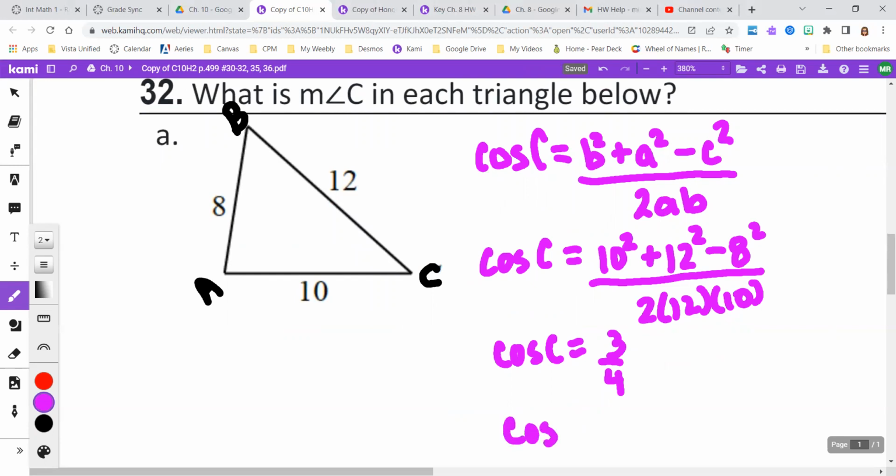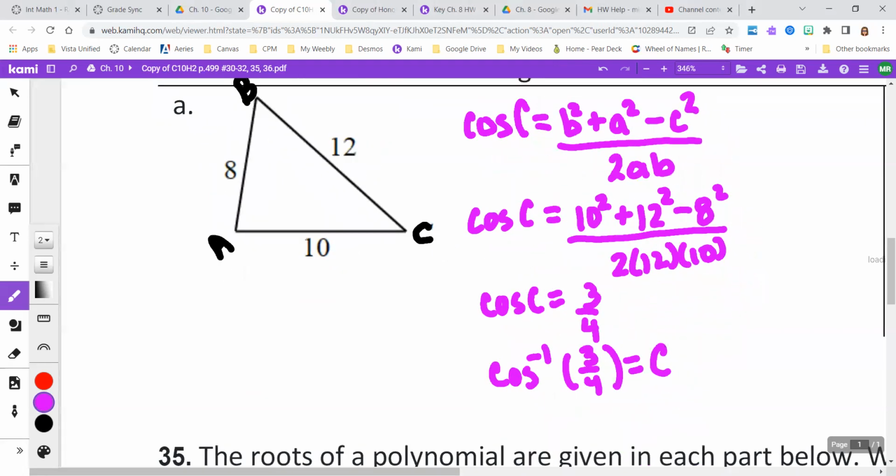So I'm going to do cosine inverse of 3/4, and that's going to equal my angle C. When I put that into my calculator, making sure my calculator is in degrees, I end up getting about 41.41. So 41.41 degrees is angle C.